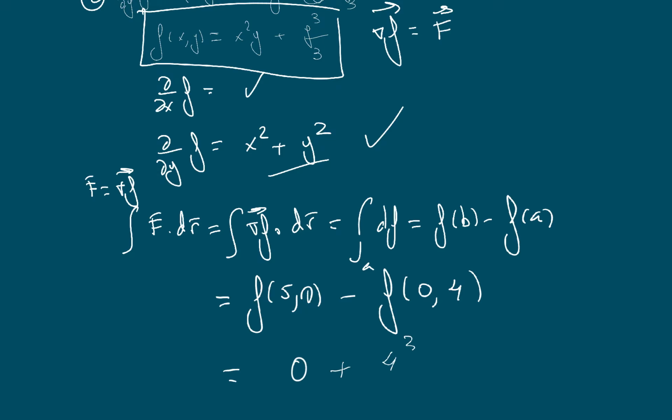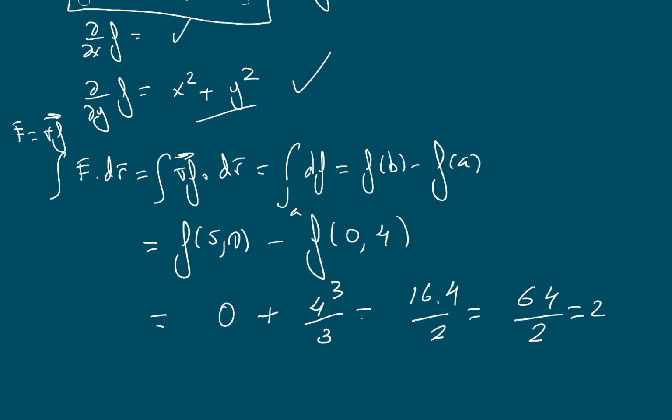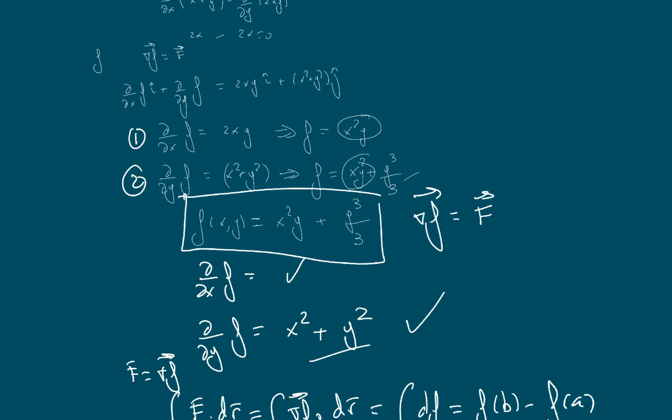So 4 cubed divided by 3, 64 divided by 3. So the line integral is 64 over 3. That is the answer.